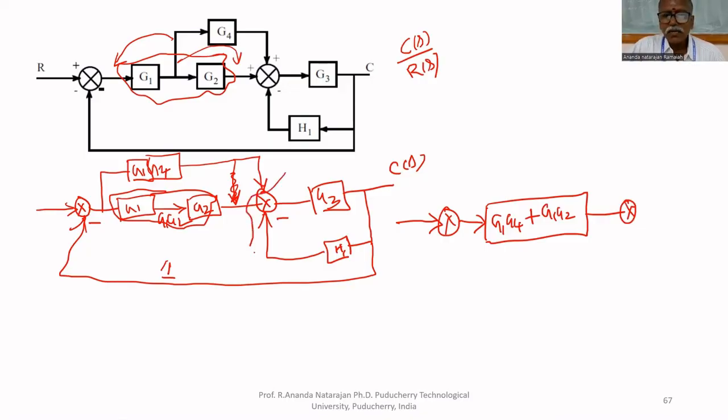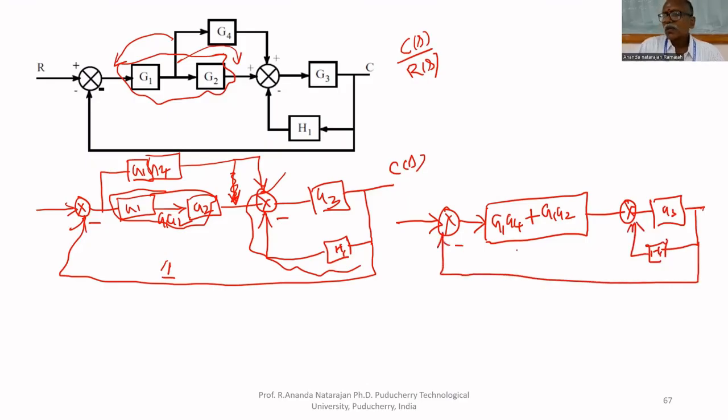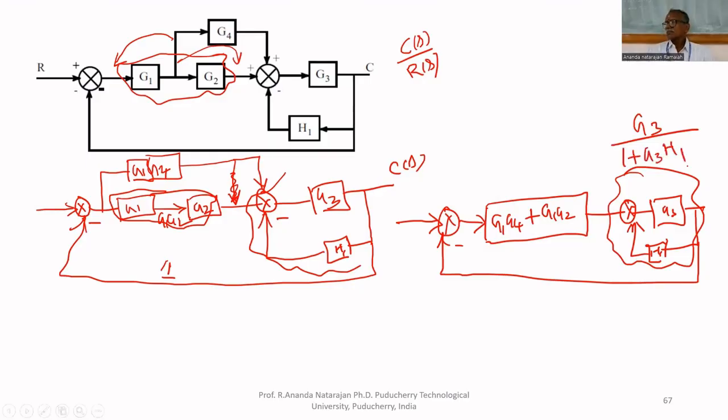Next, G3, H1, and another feedback is there. So now it is simplified like this. Now the innermost part is this. This can be simplified using the seventh rule. We can write G3 upon 1 plus G3 H1. So this block is reduced.